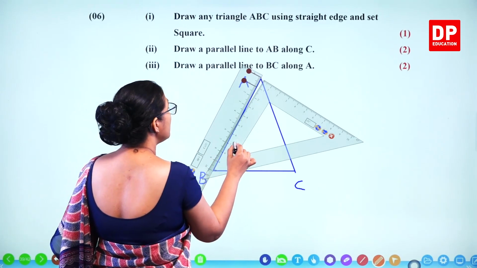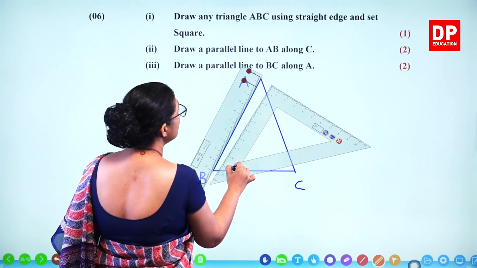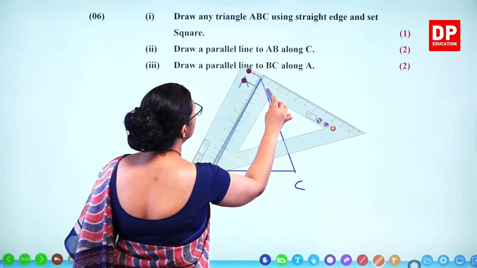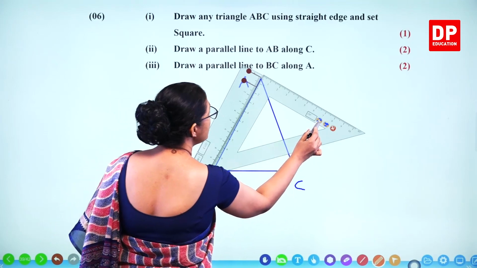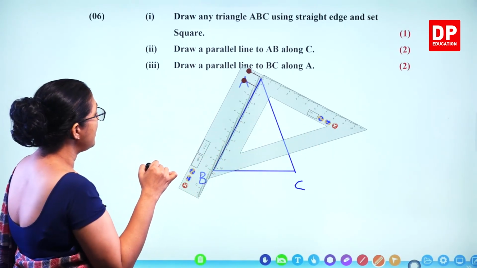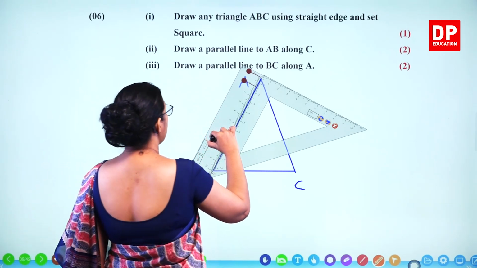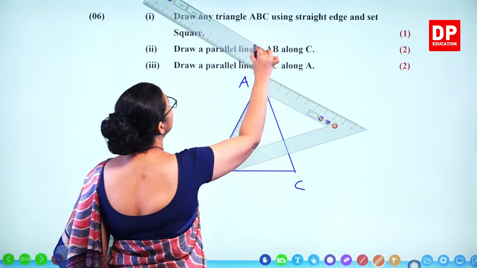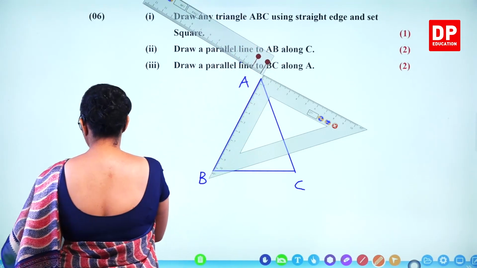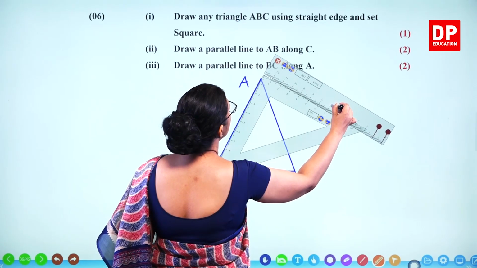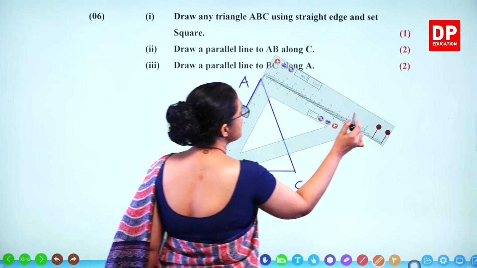So we can do the other way around. So we'll keep the set square on top of the AB line, and then we'll drag it. Now we'll take the ruler and keep it here on top of this line. Then you can drag it easily.